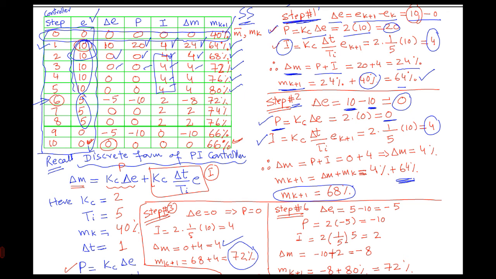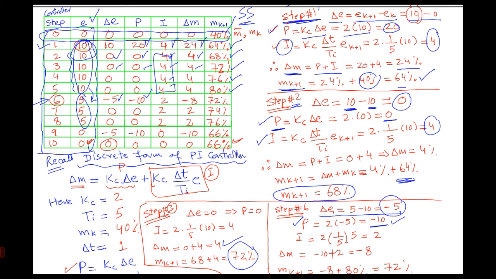The error has changed now. The error changed from 10 to 5, so we have a delta E of -5. The proportional came back into action. Whenever there is an abrupt change, proportional is going to make some action. So it is -10 here.